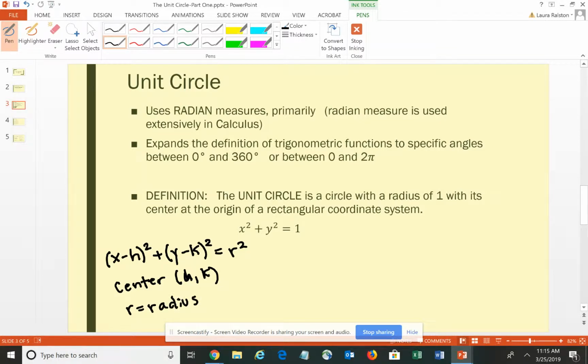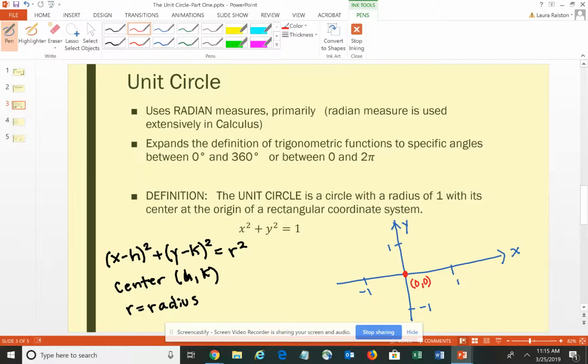Now, first of all, let me remind you that the radius goes halfway across the circle. So if we had a coordinate plane, which hopefully you're familiar with, and I'm going to mark where my 1 unit would be roughly, our center of the circle would be on the origin, which has the ordered pair 0, 0.